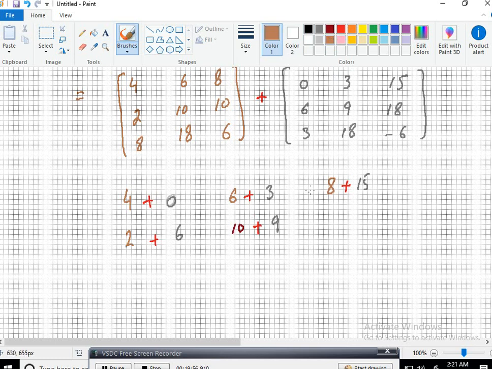So the answer to the problem is: 0 minus 2 is minus 2, 1 minus 3 is minus 2, 5 minus 4 is 1, 2 minus 1 is 1, 3 minus 5 is minus 2, 6 minus 5 is 1, 1 minus 4 is minus 3, 4 minus 9 is minus 5, and minus 2 minus 3 is minus 5.